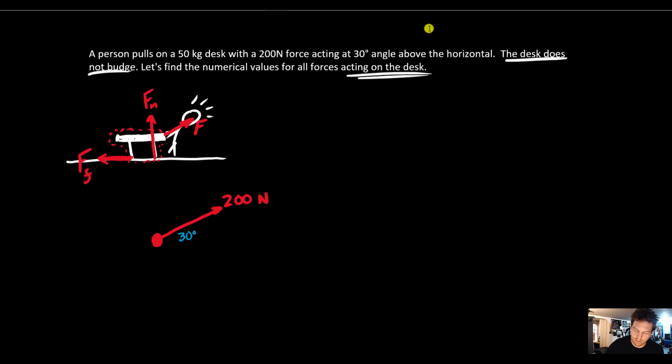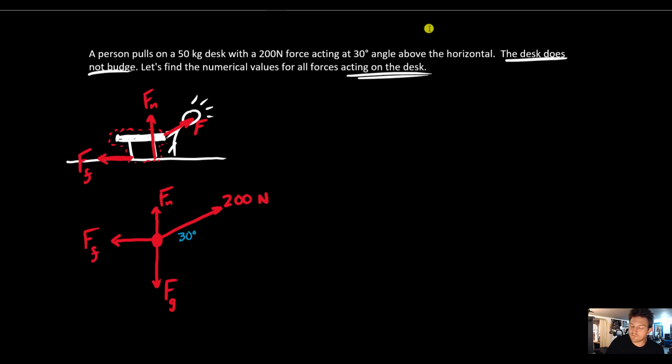Then my other forces: a normal force that we don't know what it is yet, a force of gravity, and a friction force. Remember, our rule for friction is it's always parallel to the surface that it's on. So it's got to be parallel with the ground.